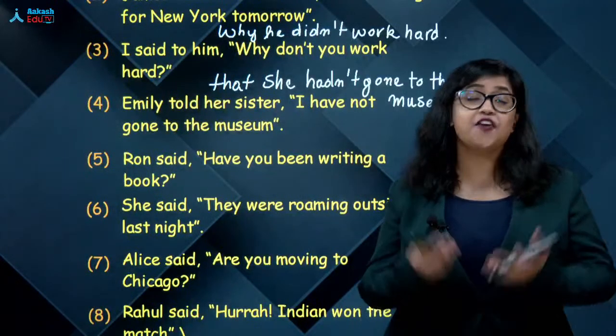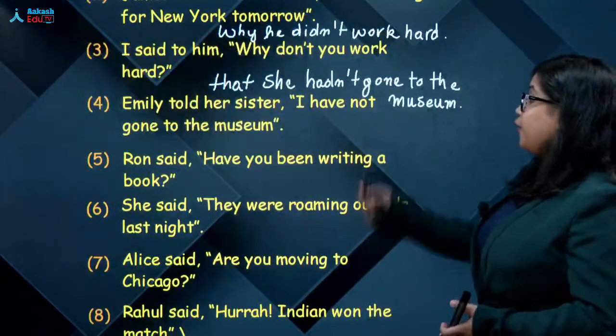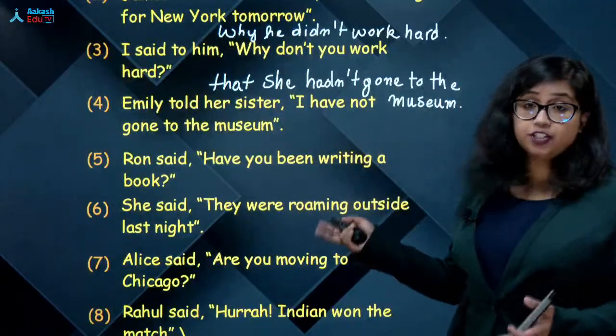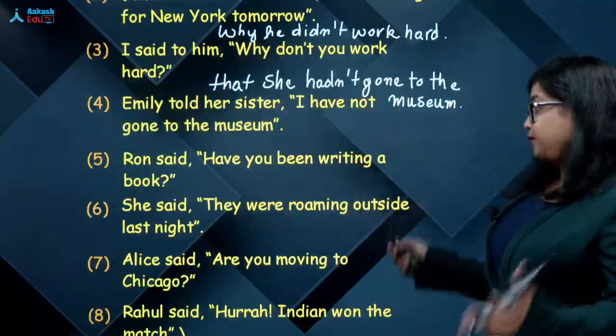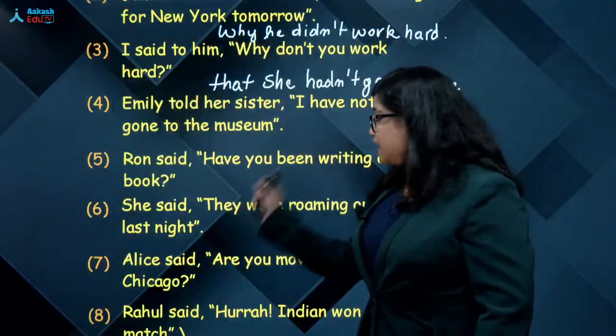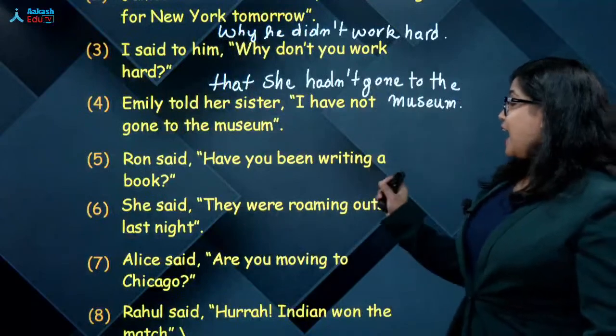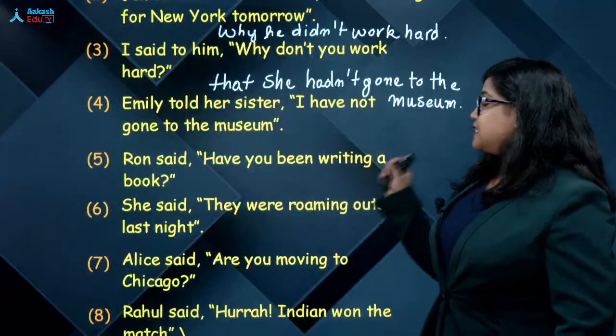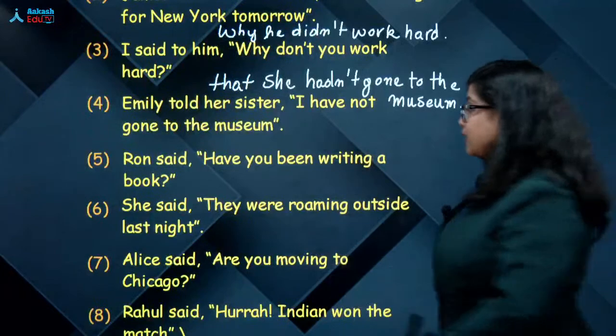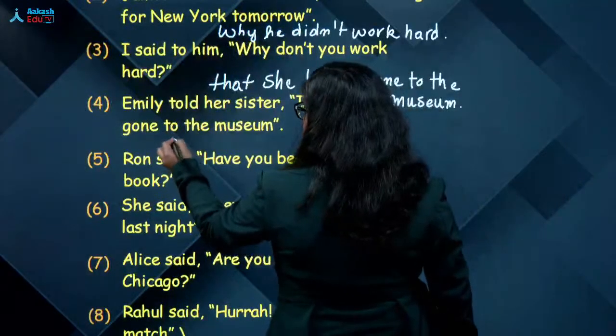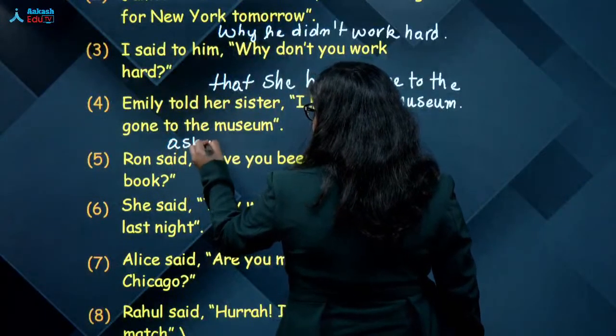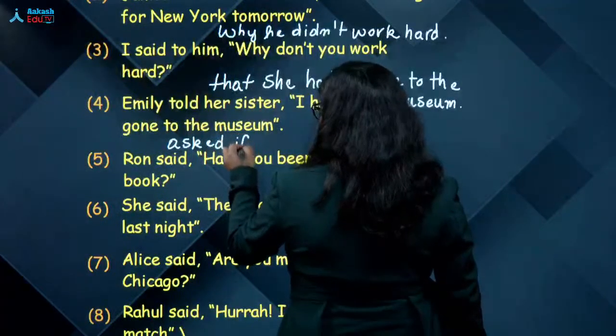Absolutely correct, guys. Very well done. So, Ron said, this will change to Ron asked, okay? Ron asked if I had been writing a book, okay? So, Ron said will become Ron asked. Since this is a yes or no question, we'll ask if.